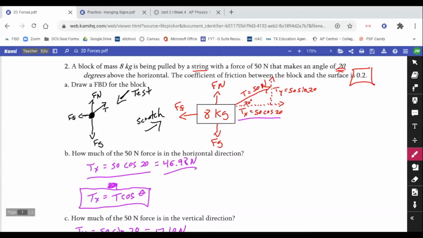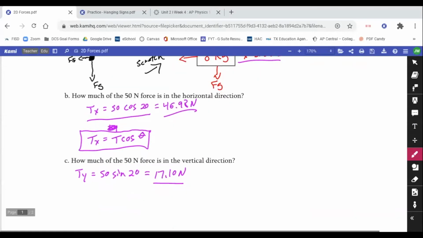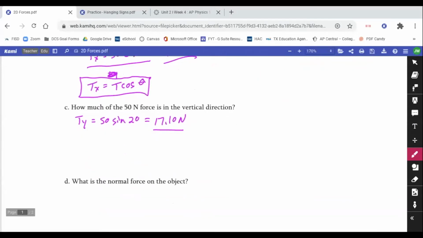So for this one though, tell me, now that you're looking at the picture, if we know there's no acceleration vertically, is force normal equal to force gravity? No. Right, because if we look at that picture, we should be able to say that the force of gravity, the force down, is equal to the force up.